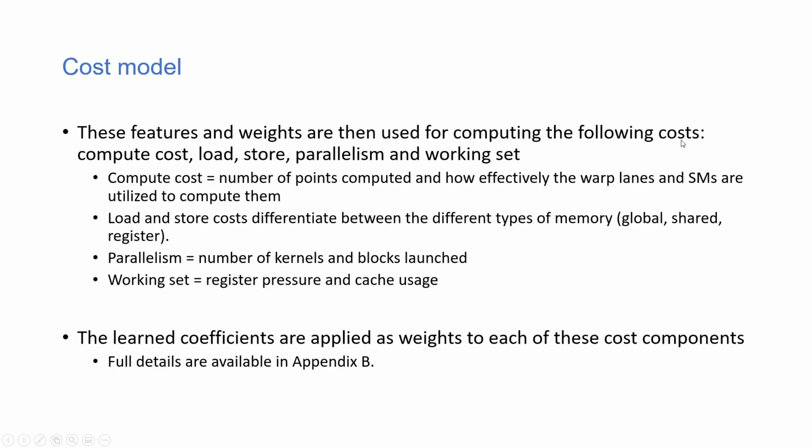Yeah, I saw that it was predicting the runtime directly, but it looks like the weights are used to compute the computational cost, which is the number of computations and the utilization of the warp lanes and SMs, and also the loads and stores, which I guess is the ratio of them, measured for global, shared, and register, and the parallelism: number of threads, kernel blocks launched and working set, the register pressure and cache usage. And yeah, this cost model is listed in Appendix B of the paper.